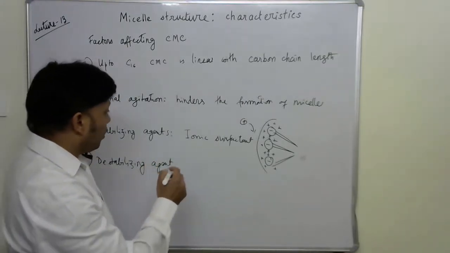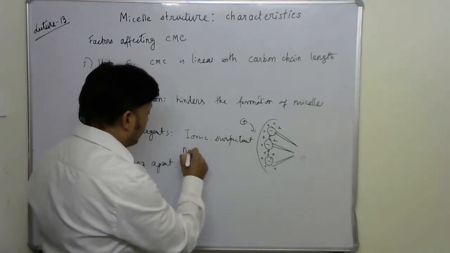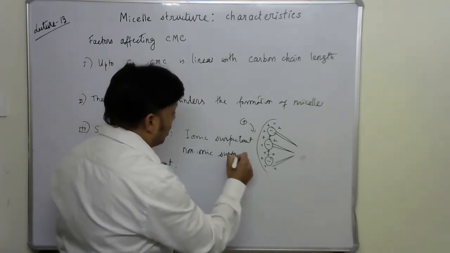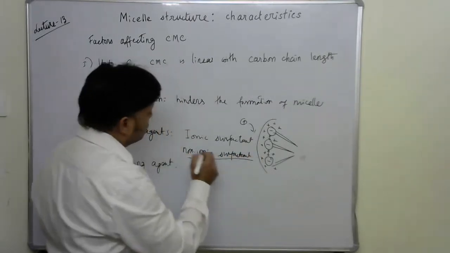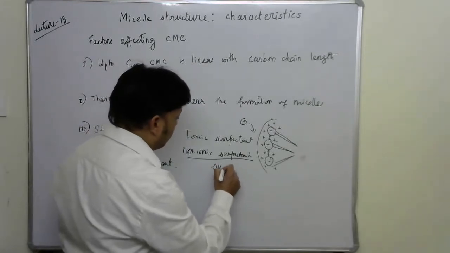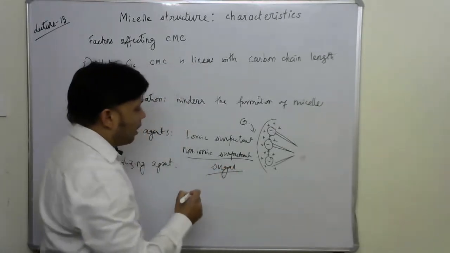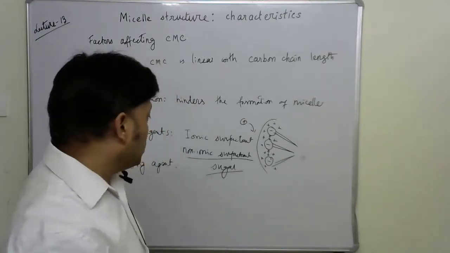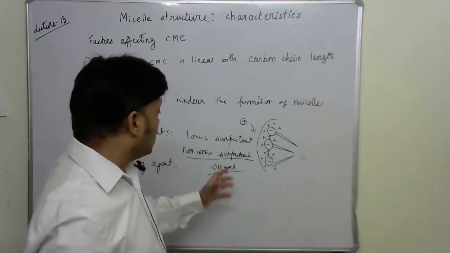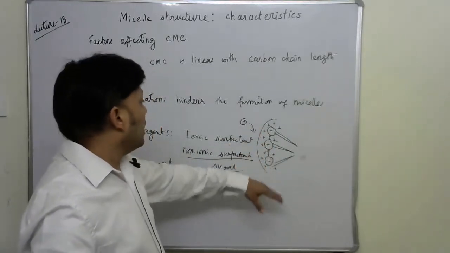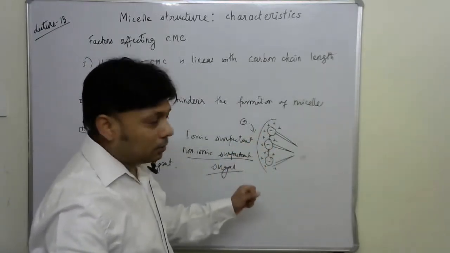And for non-ionic surfactants, sometimes sugar molecules also act as stabilizers, because sugar molecules are famous for making strong intermolecular hydrogen bonding. So sometimes they help to make a favorable interaction between the polar head groups and the water.